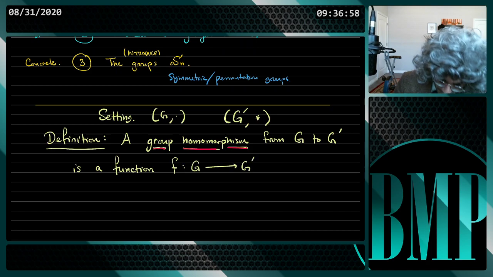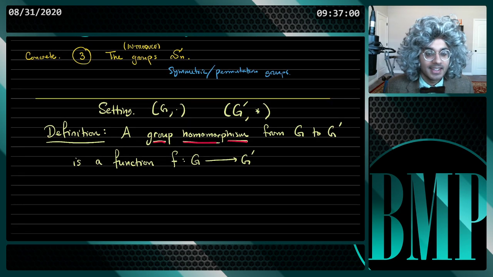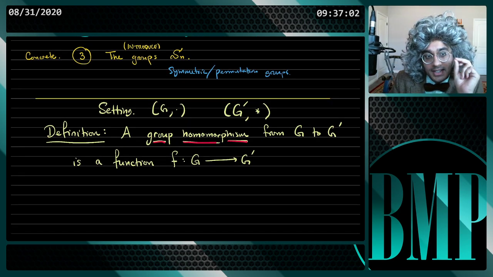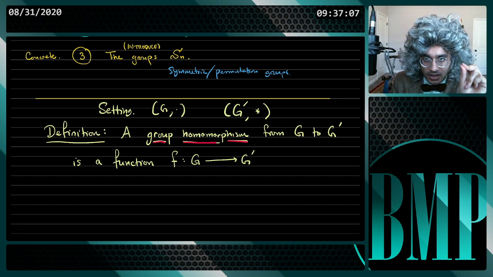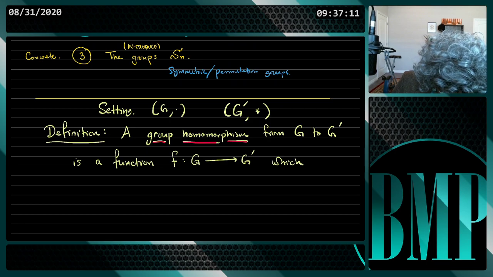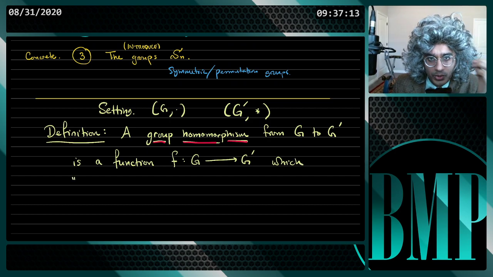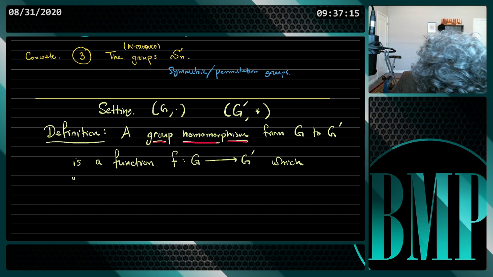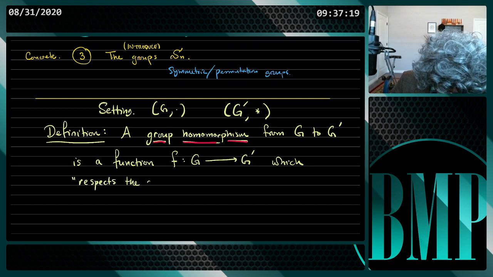From G to G prime. Okay? Which, what we say, the language is which respects the group laws. This is how we say what I'm going to write next: which respects the group structure.